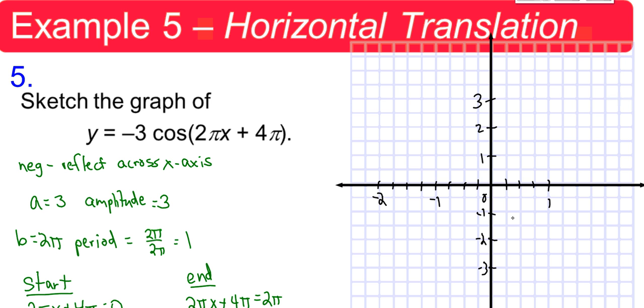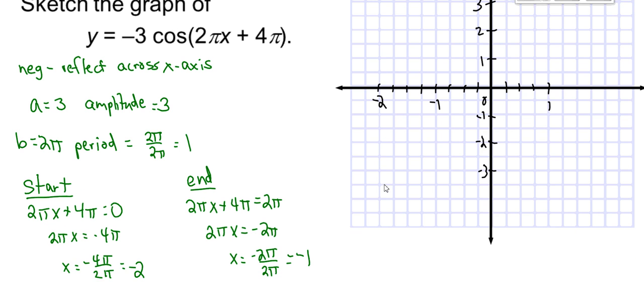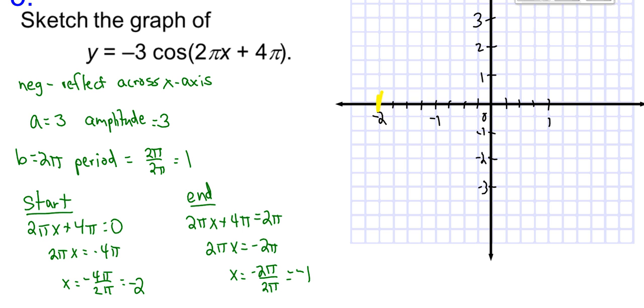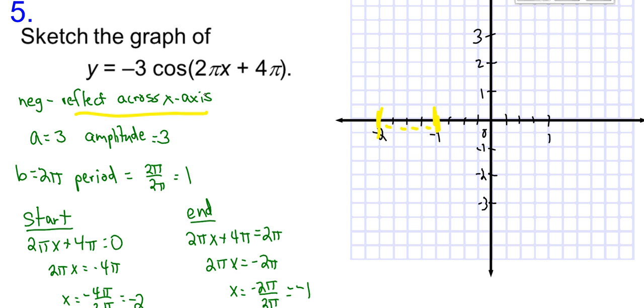And then I have to keep in mind that I'm reflecting across the axis. So let me just kind of think this through a moment. I'm going to start my period at -2. I'm going to end it at -1. 1, 2, 3, 4. I've got my cubby holes. I'm going to reflect it across the x-axis, so it's cosine. Cosine starts at the top, middle, bottom, middle, top.